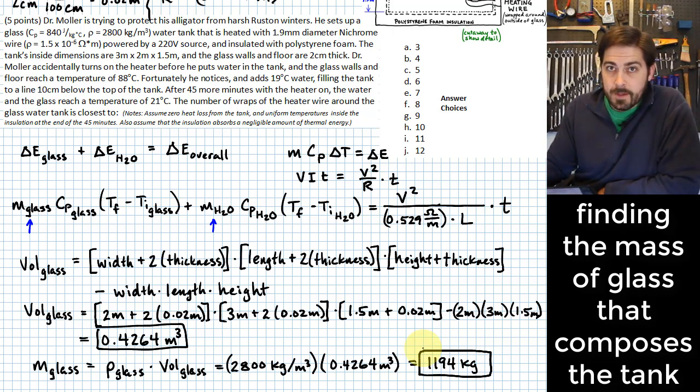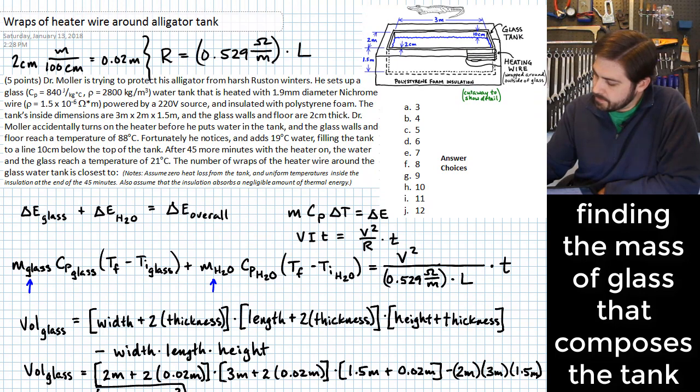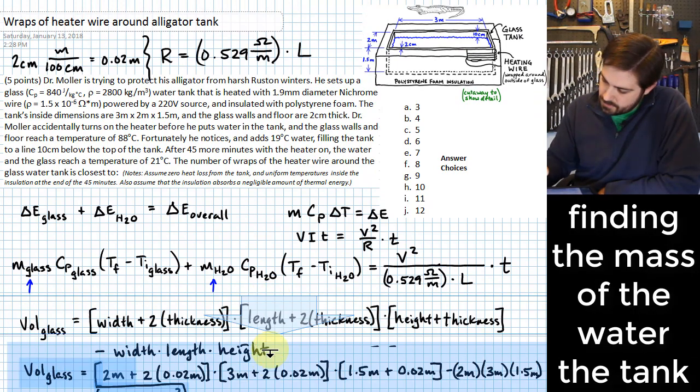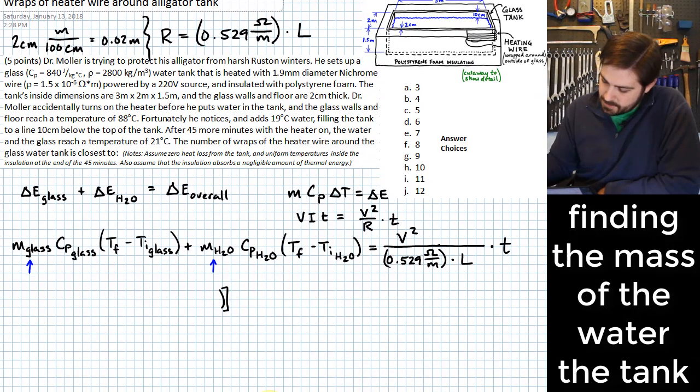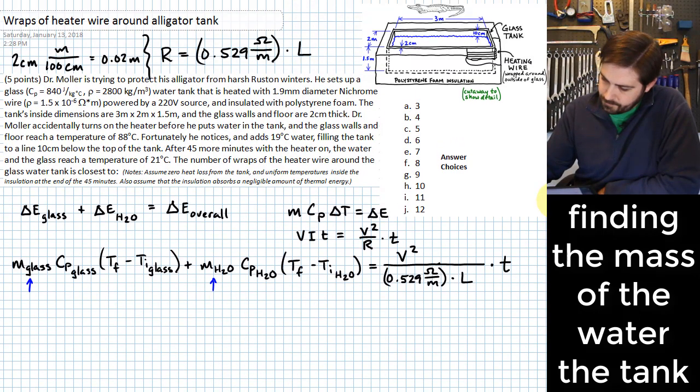Okay, so that's the mass of the glass. Now we need to move on and figure out what is the mass of the water. Okay, this one's a little bit easier, but it's a similar process.